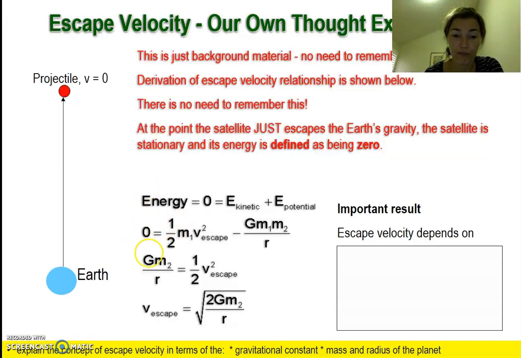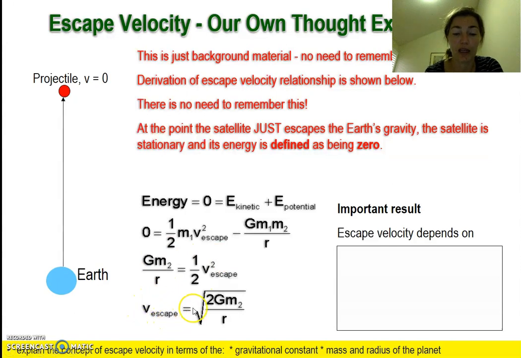Then we can basically get to the third line, and add this negative to the left-hand side to get this equation equaling this equation. What have we removed? We've also removed mass 1 from both sides, which is the mass of the projectile, or whatever it is trying to leave or in orbit. And so we take the square root of this side and rearrange the equation, and we're left with this.